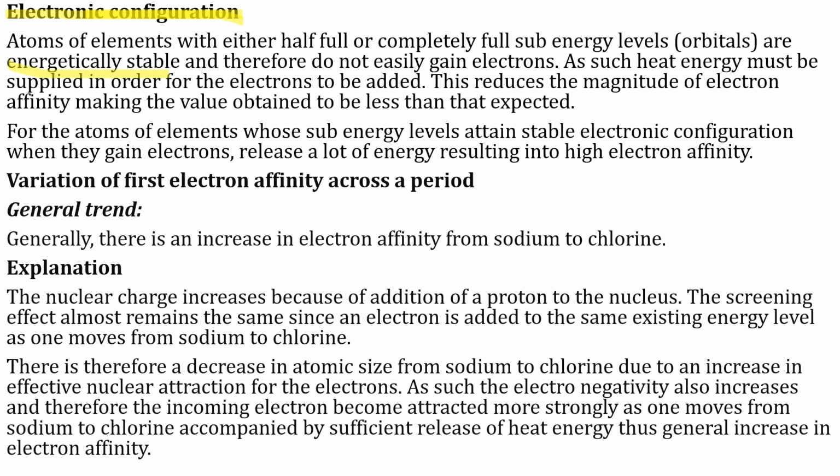If you fear using this word, you can use thermodynamically stable. They all mean the same thing. So once it's thermodynamically stable or energetically stable, what happens? Addition of an electron to this atom is going to be more difficult. Therefore, less energy is going to be released. And once less energy is released, the value of electron affinity will be low.